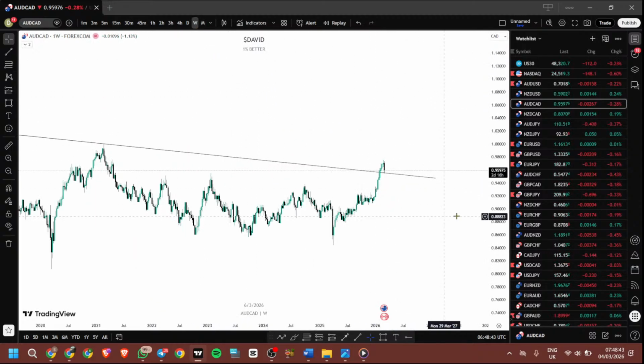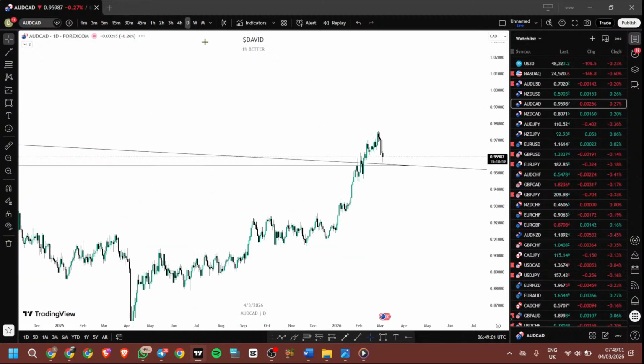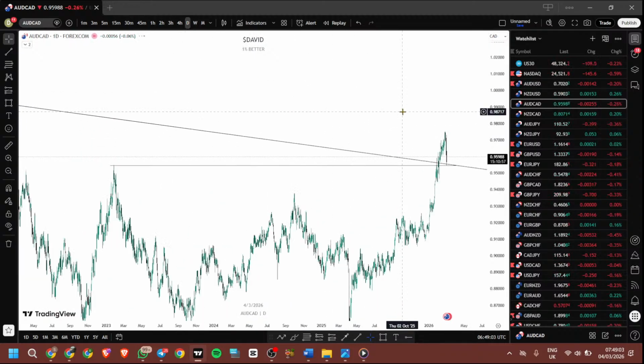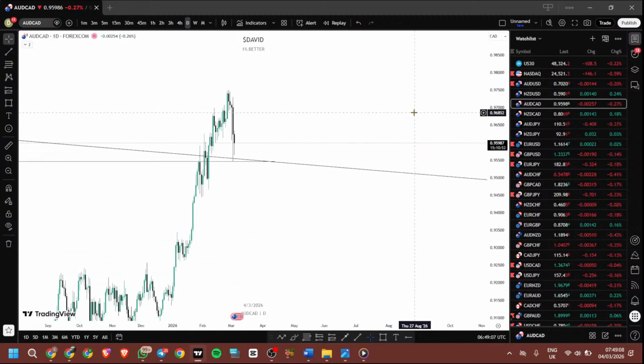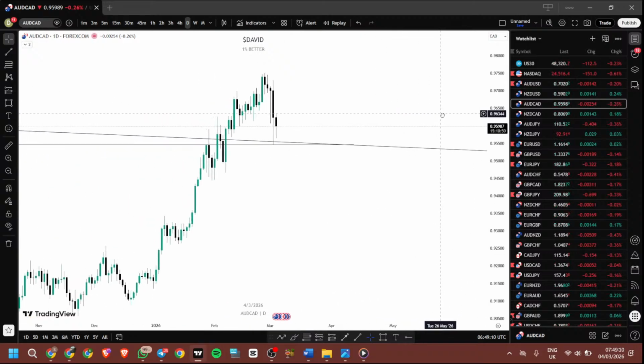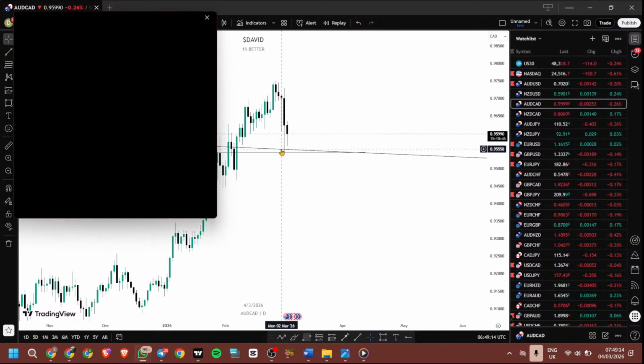So let's go back to the weekly. Look at that, very beautiful. Tapping over this zone, very clean, very clean. Now digging. This is beautiful. Okay.